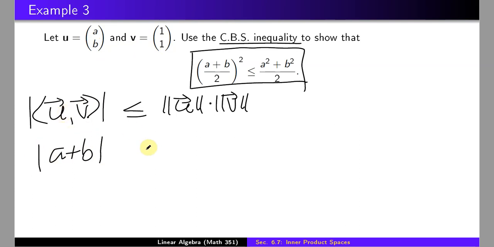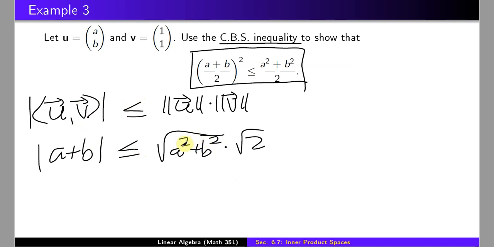If we calculate the norm or the length of that particular vector, we would end up getting the square root of a squared plus b squared. Now with v, it's similar. The length of this vector is the square root of 2. Okay, so what does this give us here? It says that the left is less than or equal to the right.